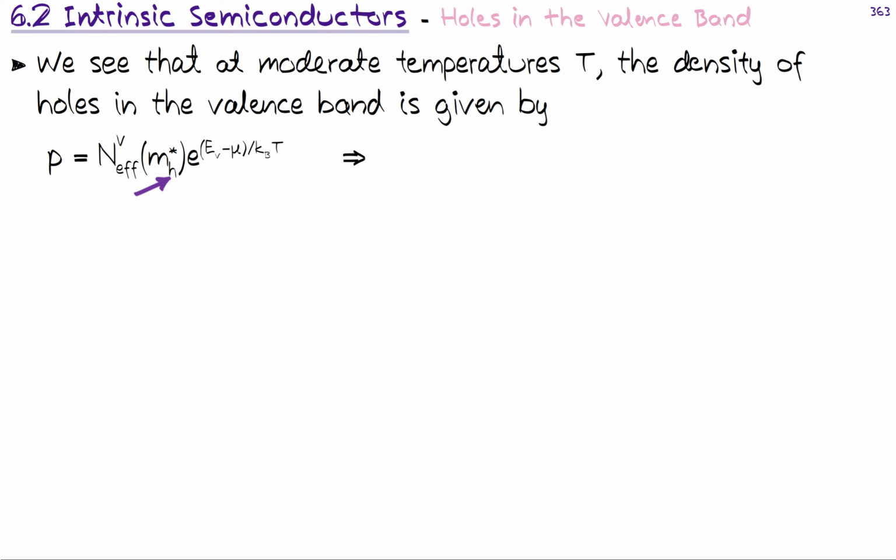It does not only have dependence on the effective mass of the vacancies, but also on the temperature. And here, of course, we have the exponential form that depends on the chemical potential. So, depending on the energy bandgap value that we have for the semiconductor, this will change accordingly. And of course, when we change the temperature of our semiconductor, this term will dramatically change.